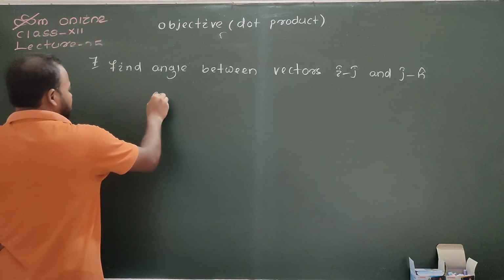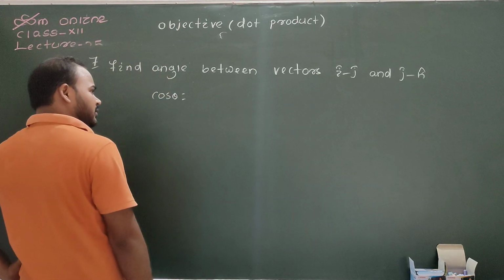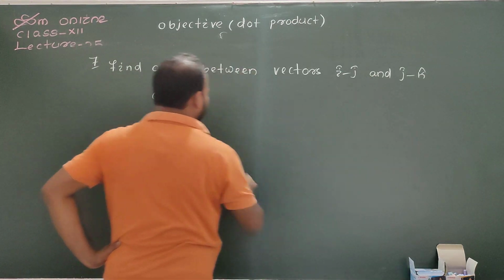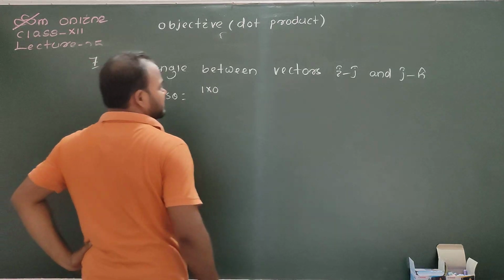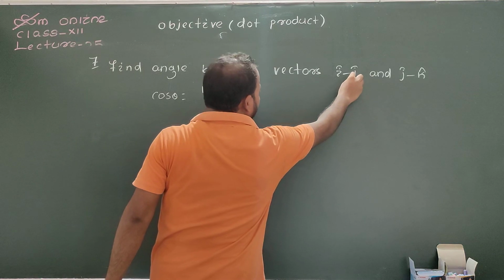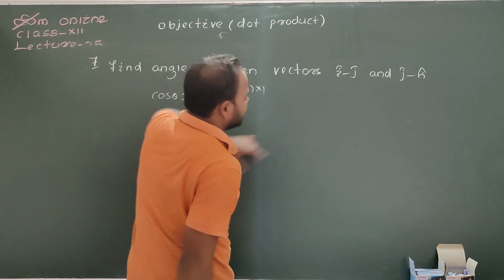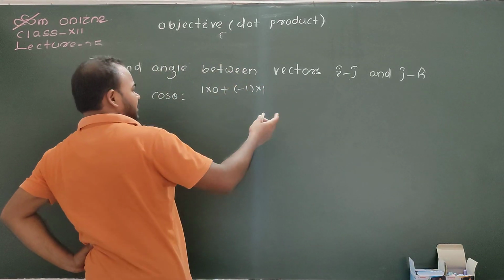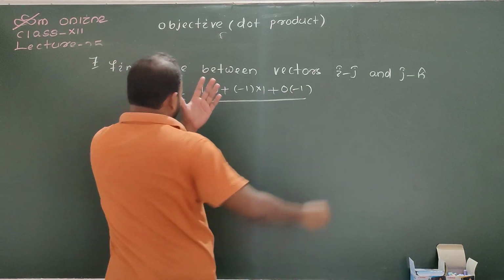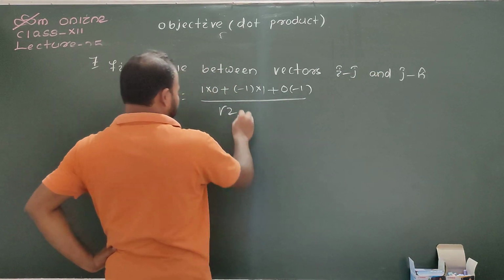Cos theta equals the dot product of this vector and this vector, that is 1 into 0 plus minus 1 into 1 plus 0 into minus 1, upon root of 1 square plus minus 1 square, that is root 2, and root of 1 square plus minus 1 square, that is root 2.